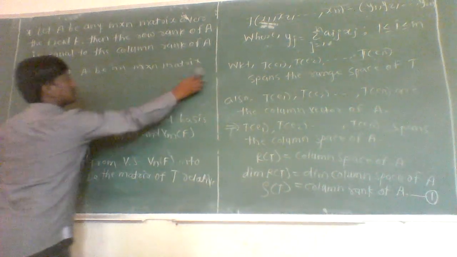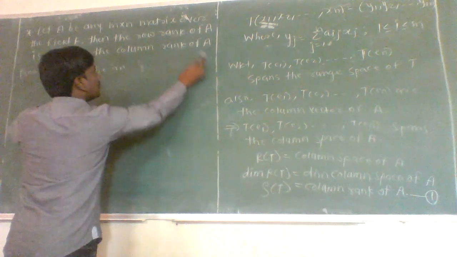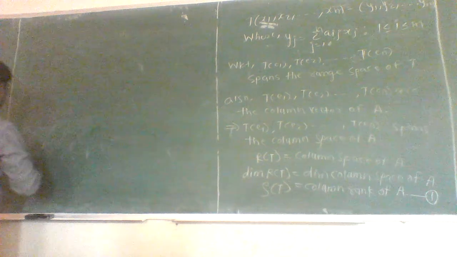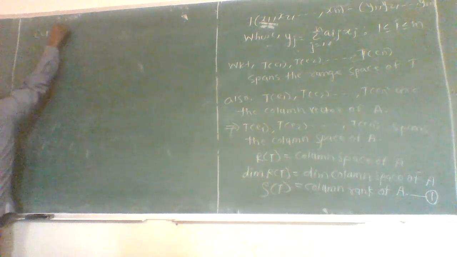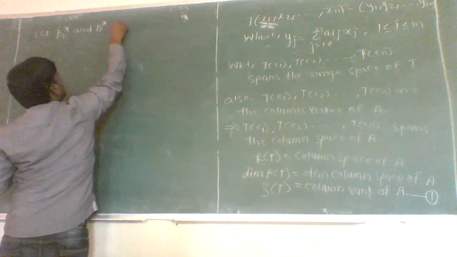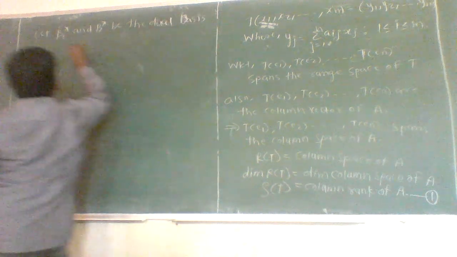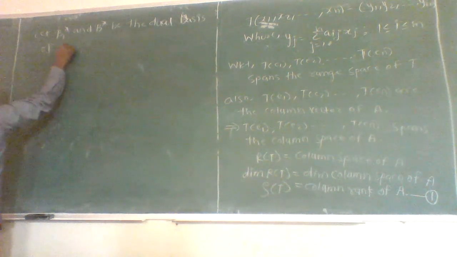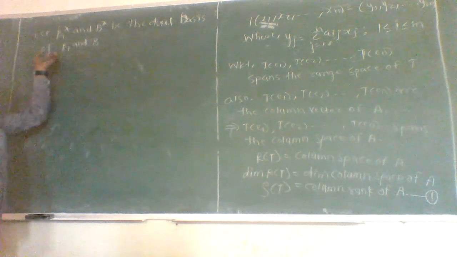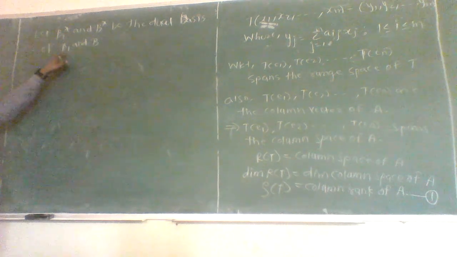Now, as B and B1 are the ordered bases of Vn over F and Vm over F, let B1 star and B star be the dual bases of B1 and B. We have given that B and B1 are the bases of vector spaces Vn over F and Vm over F. Therefore, B1 star and B star are the dual bases of B1 and B.